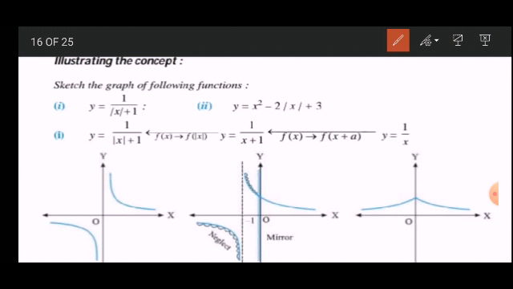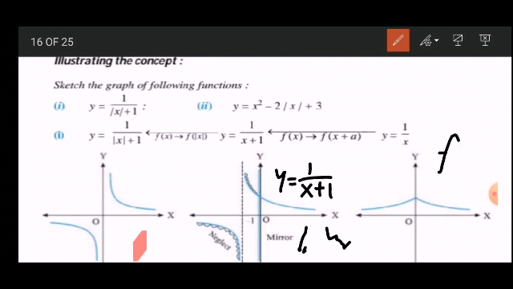In this graph, what we see over here is the graph of y equal to 1 upon mod x, and then what we see over here, y equal to 1 upon x plus 1, as we drew. So this is the graph y equal to 1 upon x plus 1, and this is the graph we finally get.